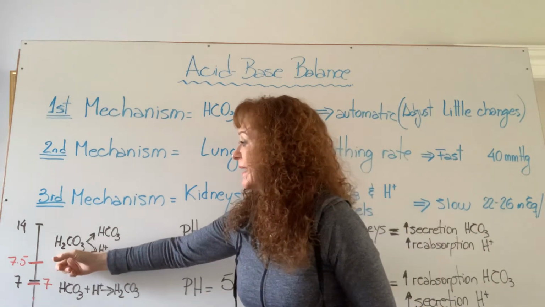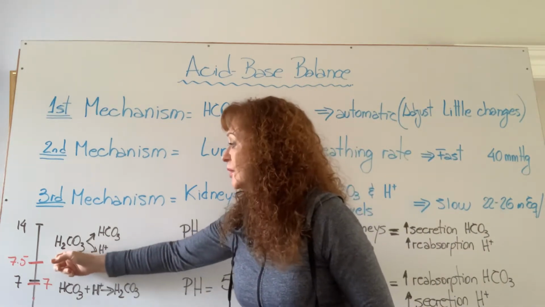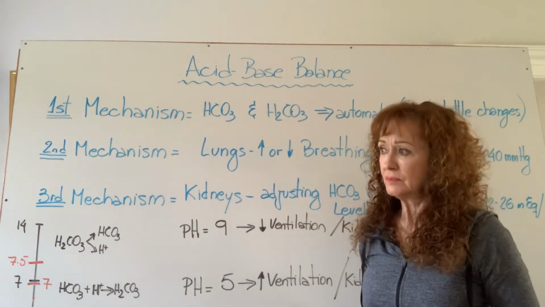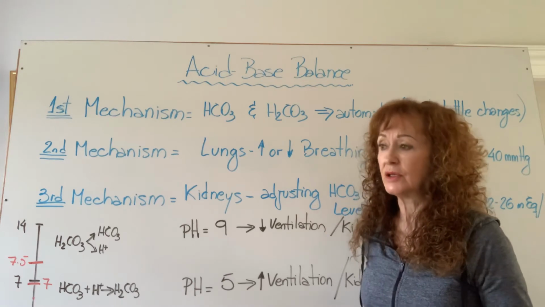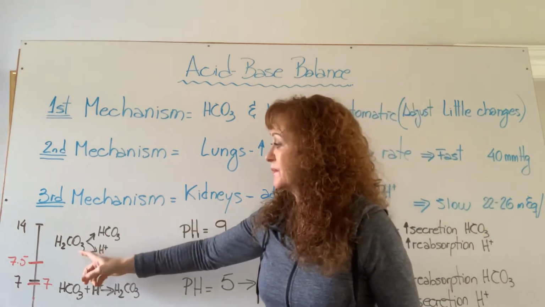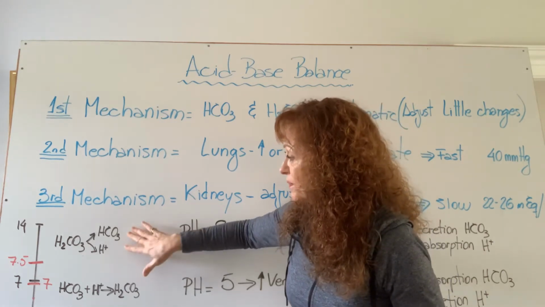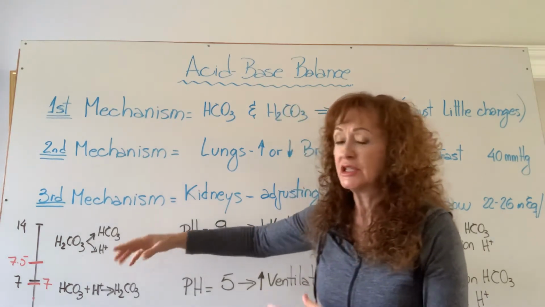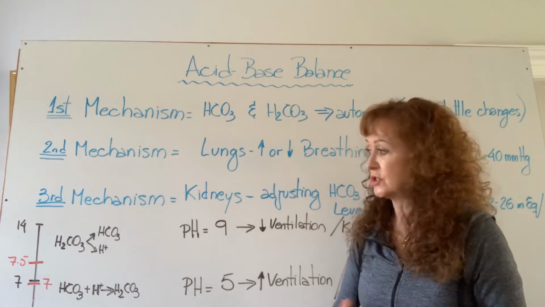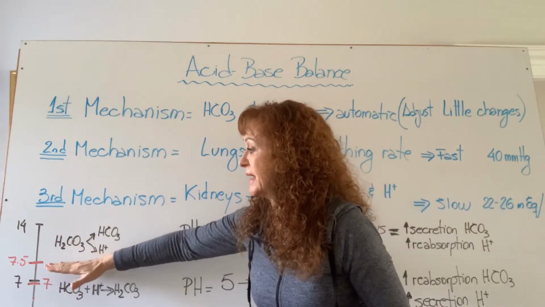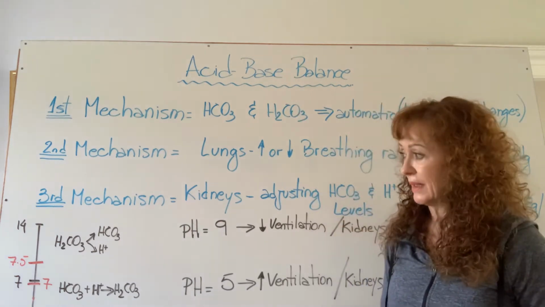We use the carbonic acid, because the carbonic acid, when exposed to this scenario, automatically splits into bicarbonate and hydrogen. Splitting into bicarbonate and hydrogen increases the amount of hydrogen in the system and brings the pH back to normal.